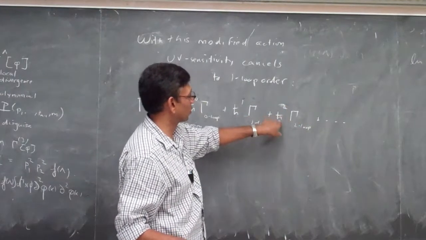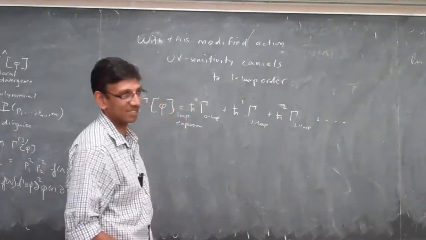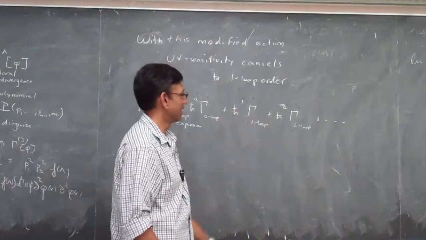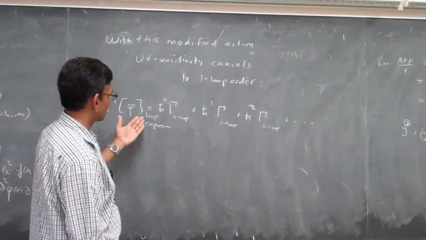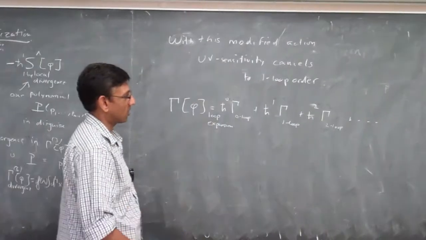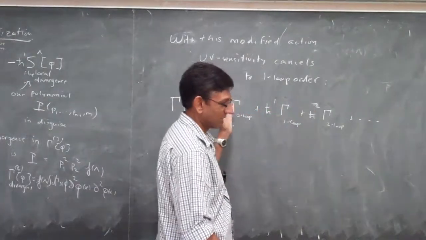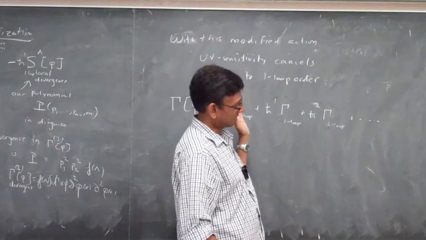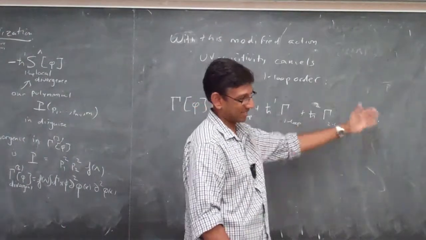Anything here is going to be a 2 loop factor suppressed relative to this. That's all this means. I've just broken down the effective action into however many loop orders you want to go. It's a slight twist on saying work in perturbation theory. Instead I'm saying, let's just work in loops. Equivalent.